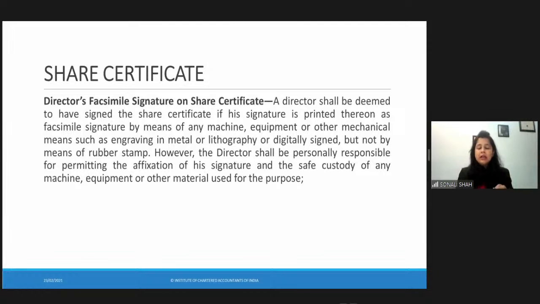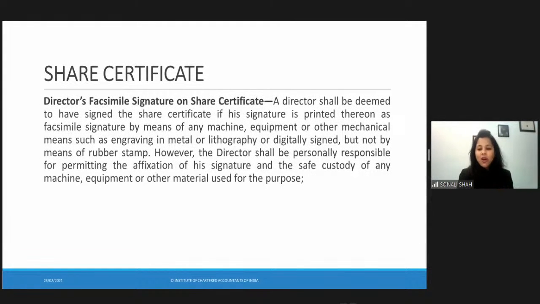It is considered that the share certificate has been signed by the director if the signature has been affixed through a machine, equipment, or any other mechanical means. It is not mandatory that the director will have to take the pen and sign every share certificate. Trust me, it is not possible.